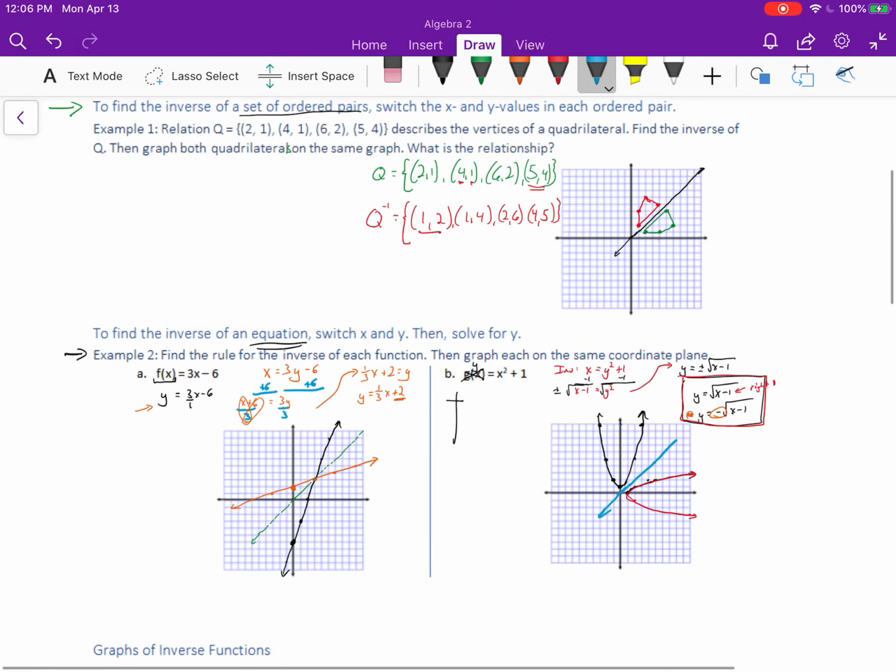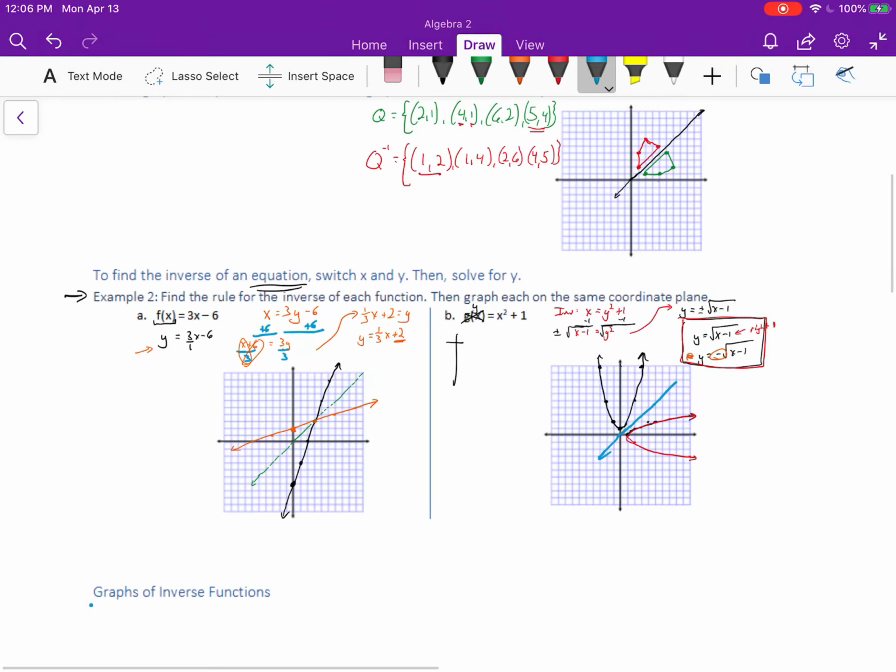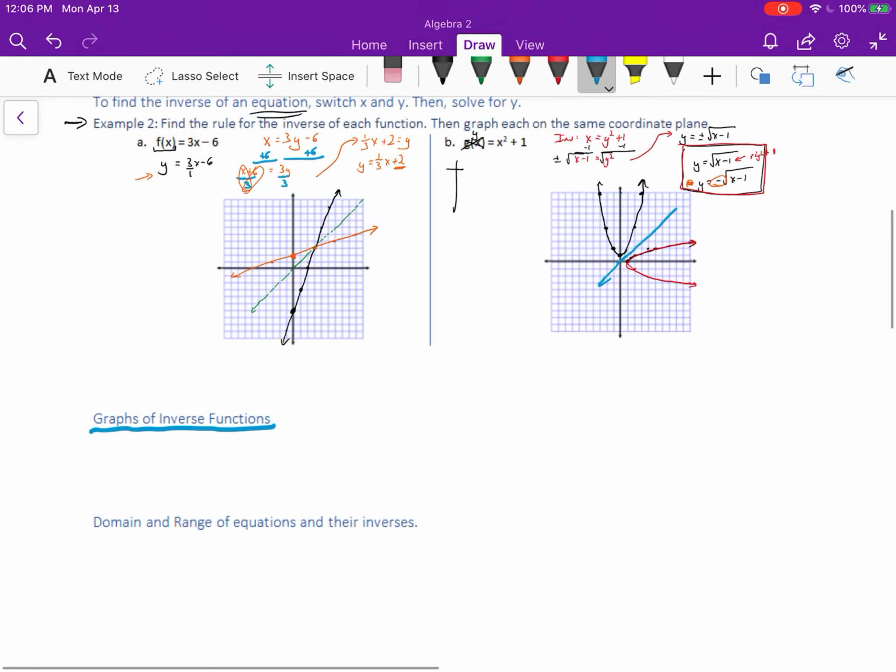So in each of those, as we zoom out, you see that the graphs of inverse relation or function are reflections.